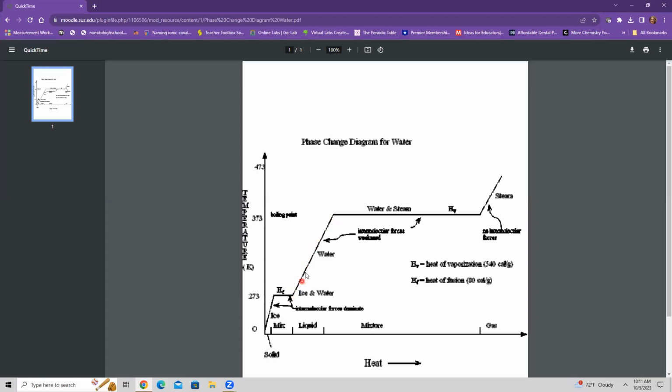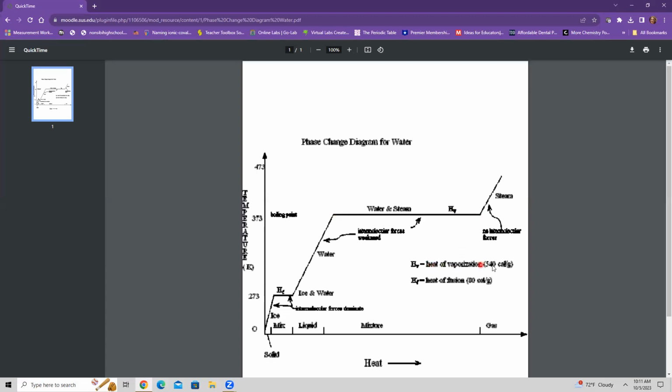And you notice the slope is not as steep because it happens a little less fast due to the fact that you have to change the intermolecular forces completely. You have to weaken them so much that you eventually will break them. And look how long it takes. This is what is known as a big transfer of heat that's going to happen.